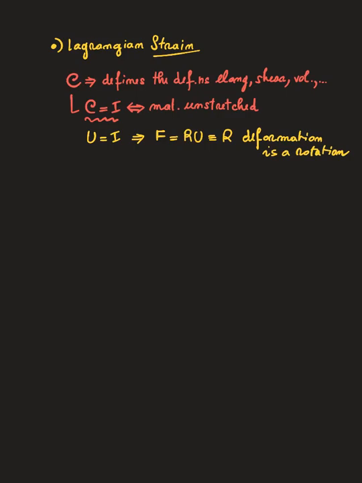So you may think, if something is not deforming, I would like a quantity which is equal to 0 when I'm not deforming. You can introduce what is called the Lagrangian strain, which is denoted by E, and is equal to 1/2 of C minus the identity, which is to say 1/2 of F transpose F minus the identity.